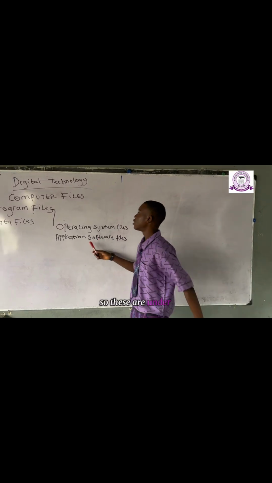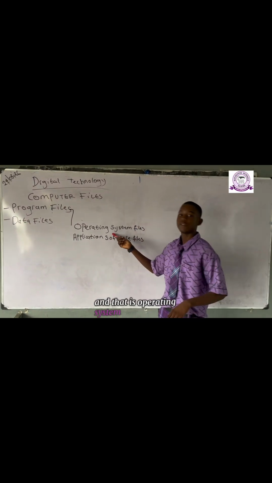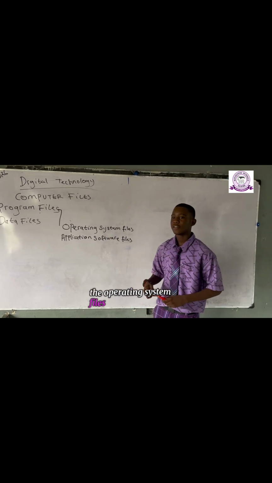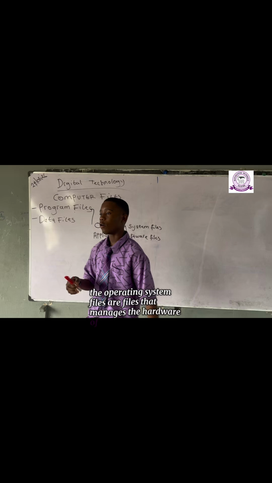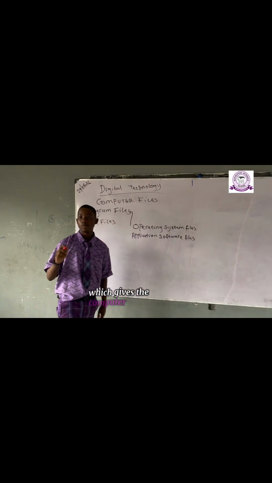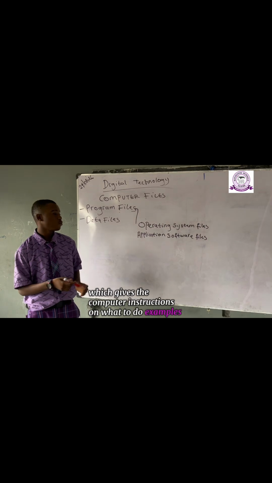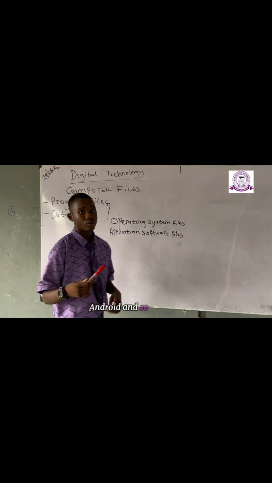So these are under program files, and we start with operating system files. Operating system files are files that manage the hardware of the system, giving the computer instructions on what to do. Examples are Windows, Android, and so on.